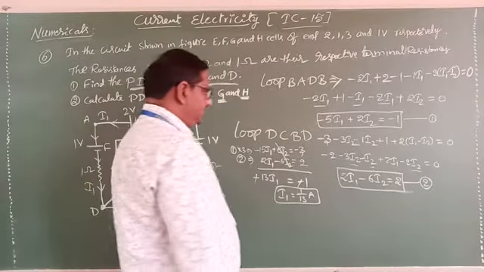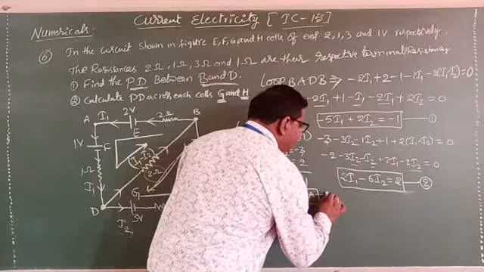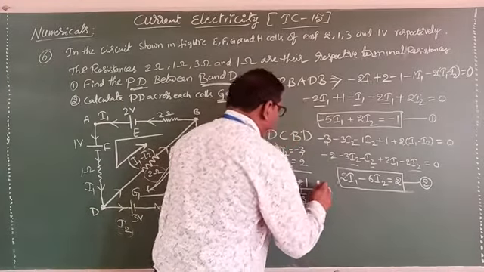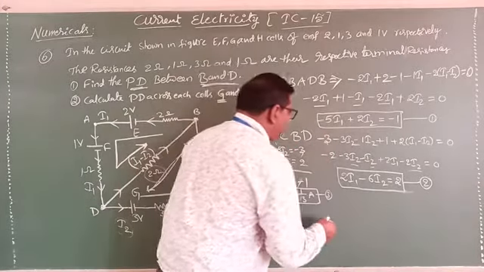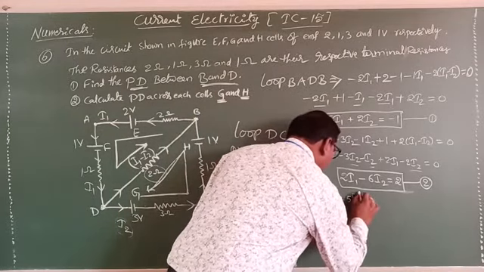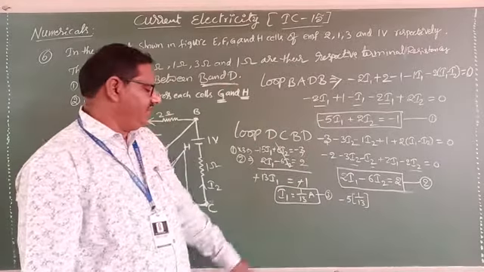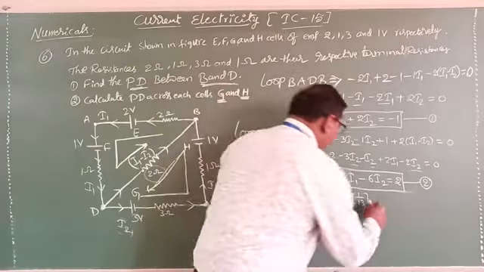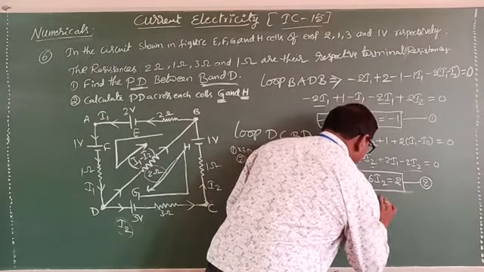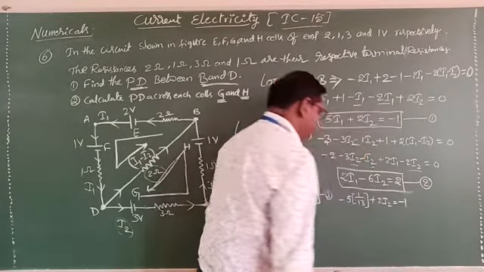Similarly, this I1 we will substitute here. This is equation number 3. This third equation we will substitute in 1. Then minus 5 into 1 by 13 plus 2I2, that is equal to minus 1.